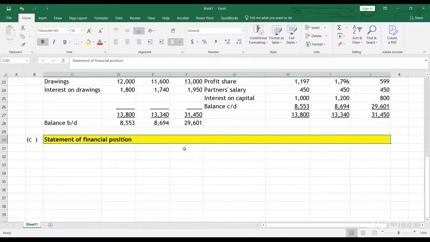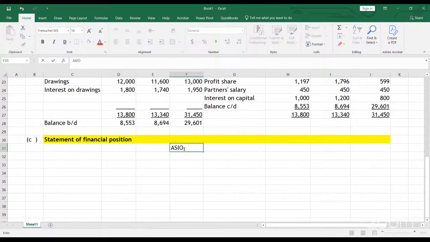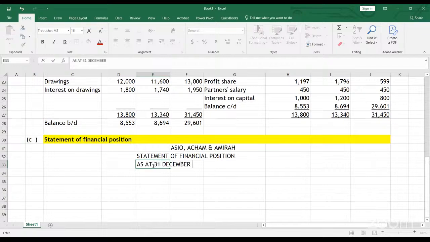So let us write the heading. This is our CO, our Acham, and our Amira. Statement of financial position as at 31st December 2021.